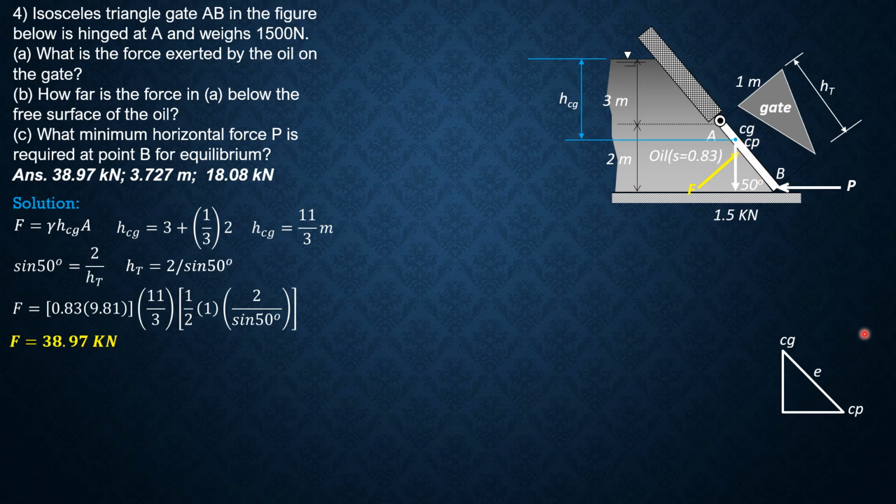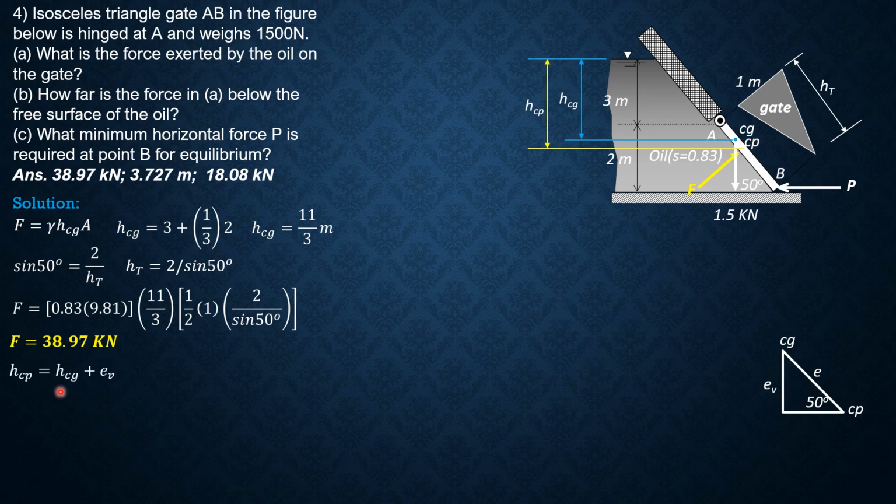Then this is 50 degrees. So therefore, this is the vertical projection EV. The vertical distance between CG and CP is E sub V. Then E sub V is E sine of 50. So that H sub CP is equal to H sub CG plus E vertical.